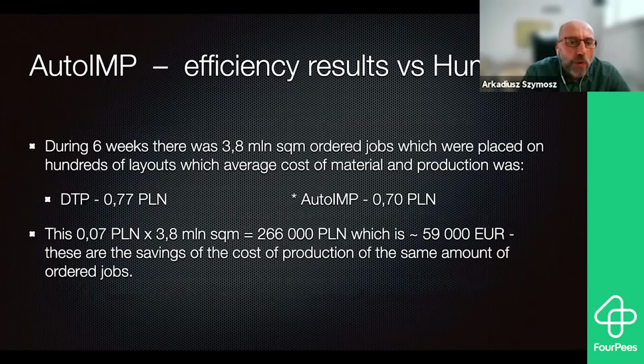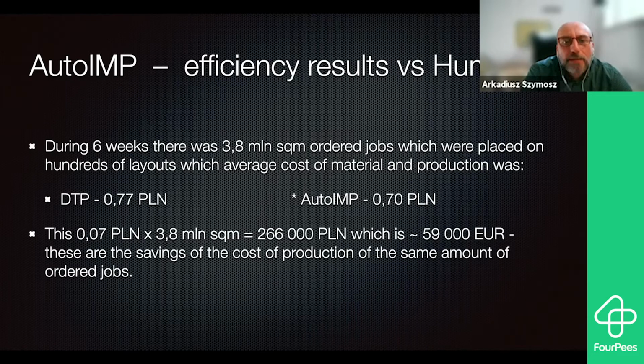The result was that during that time there were 3.8 million square meters of ordered jobs, which were planned, and the result of the cost was about that. For DTP, 1 square meter of printout cost 77 Polish grosze, which is 0.77 Polish zloty, and AutoIMP did it 10% better.